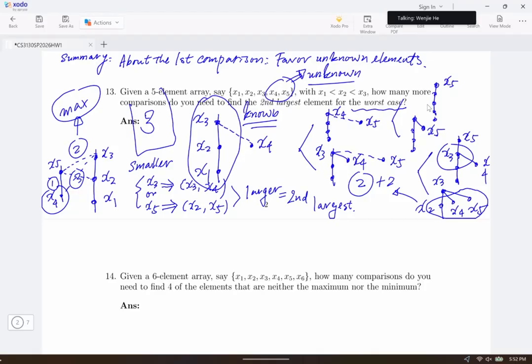So then you cannot get a maximum amount of information. This idea we will see better in our question number 24. You will see, if you do your first comparison with one known element involved, you get less information. So all right, this is our experience.